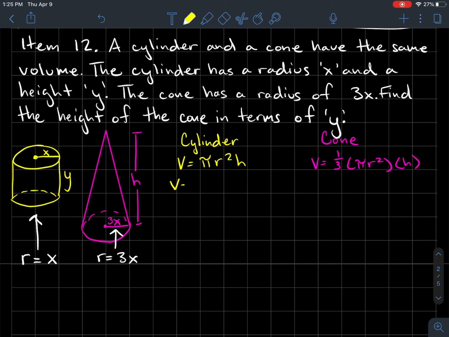We don't know the volume yet. We don't have to do anything with the pi yet. That can stay the same. But what is the radius of the cylinder? It's x. So instead of r, I'm going to write x squared. And what's the height of the cylinder? It's y. So instead of h, I'm going to replace it with a y. And that's about as far as we can get in terms of the cylinder for now.